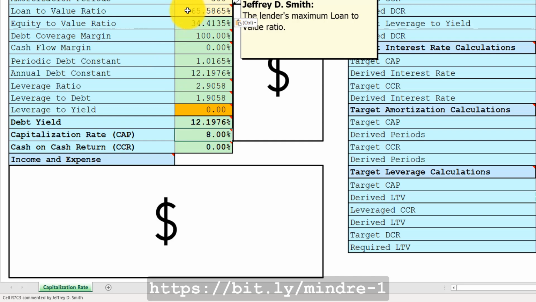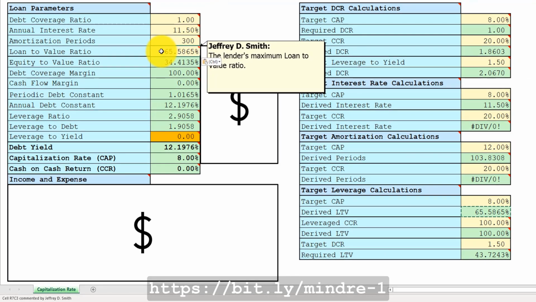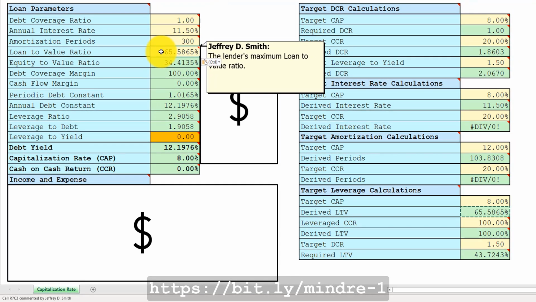Now, this 65.59% is very close to 62.5% that the mortgage broker claimed the lender was offering. That's suspiciously close, and it probably means that the lender was willing to lend this percentage of valuation and hold back or roll in about 3 points for origination fee.